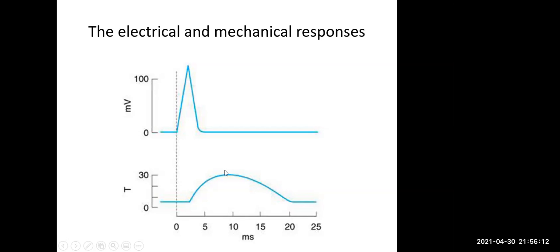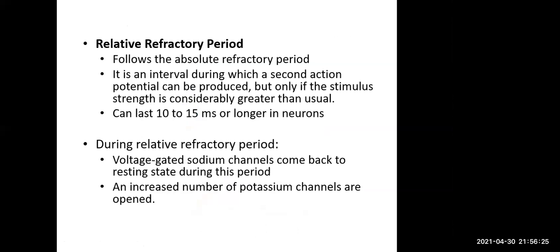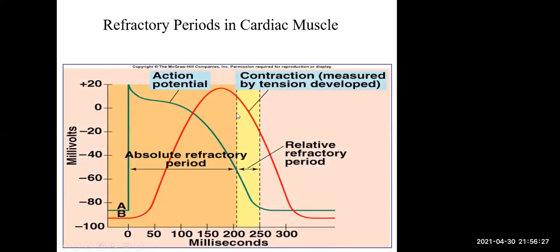So it is possible to apply a stimulus during the contraction phase, and you can find the tetanic type of contractions. Whereas in the cardiac muscle, you cannot get the tetanic type of contraction because even if you apply the stimulus during the contraction phase of the cardiac muscle, it will not respond.